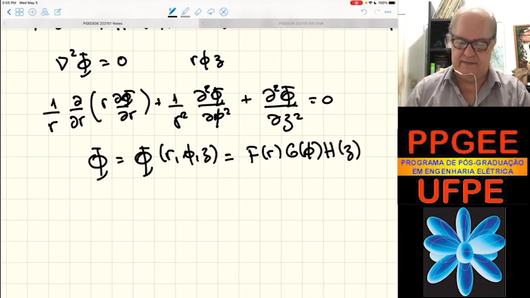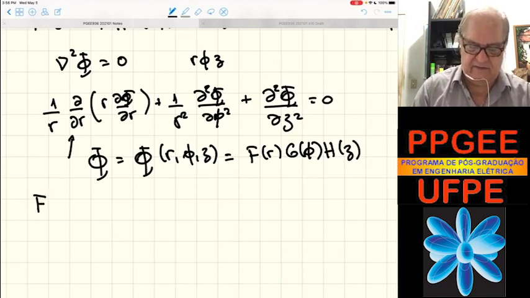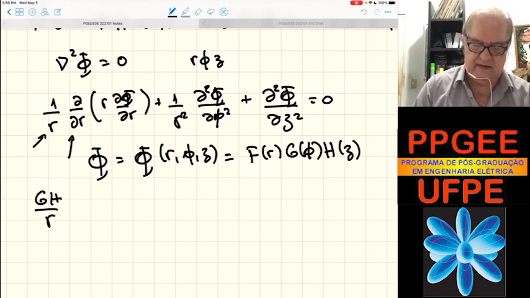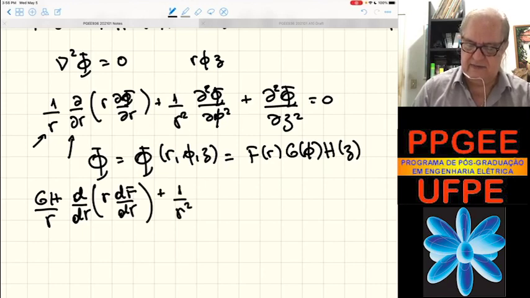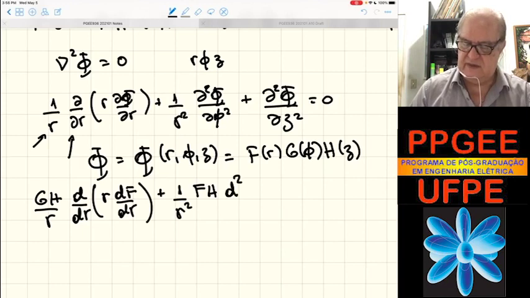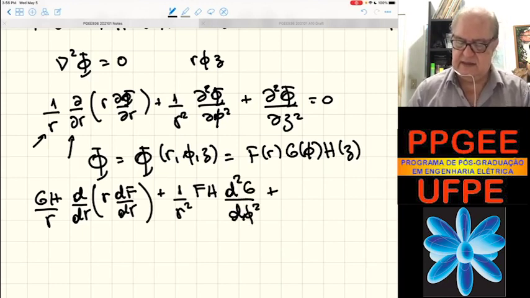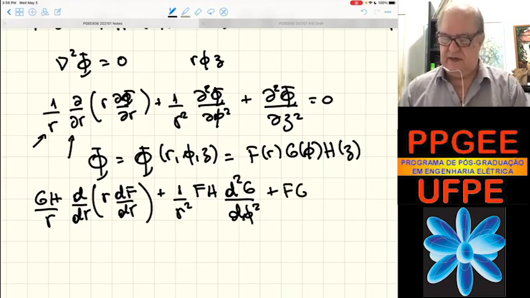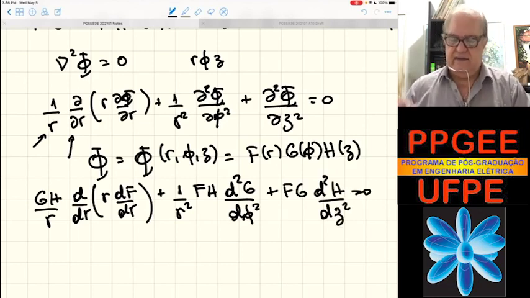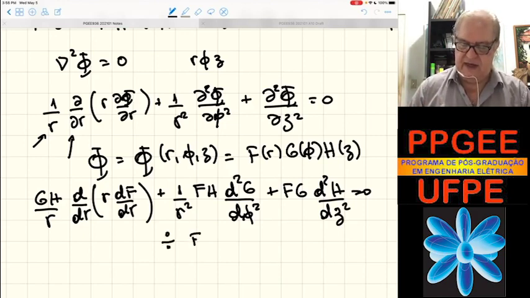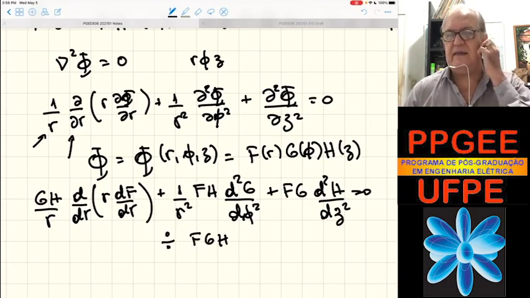When we plug that into this derivative, we are going to have GH over r times the total derivative involving only F, plus 1 over r squared times FH times the total derivative of G, plus FG times the total derivative of H. Then what we do, we divide by FGH, and we separate the term that depends only on z.